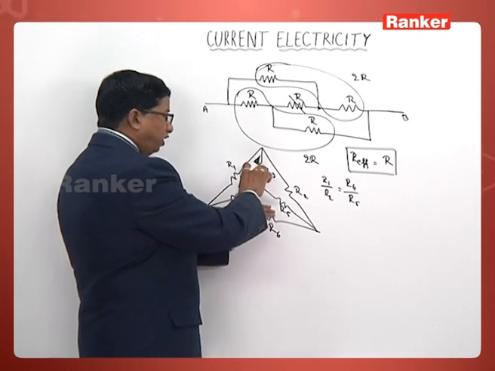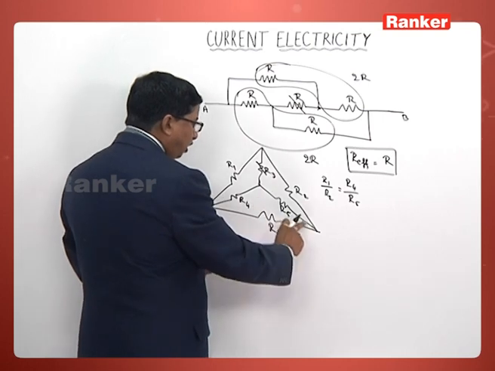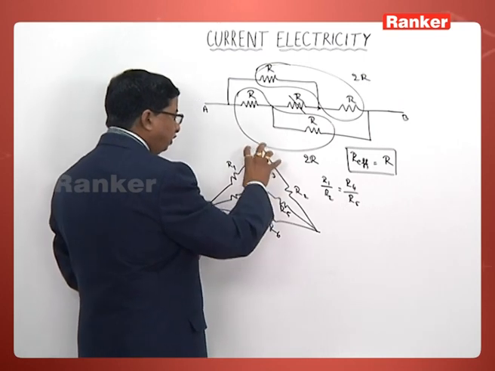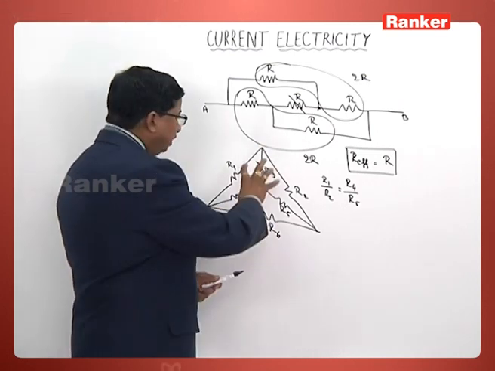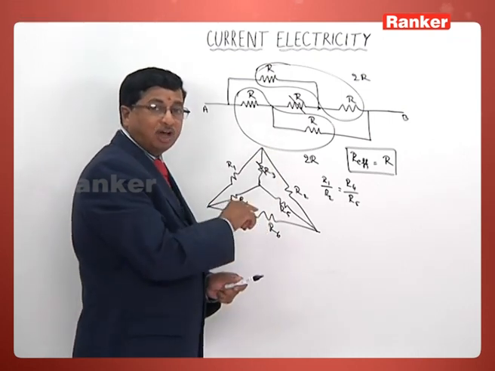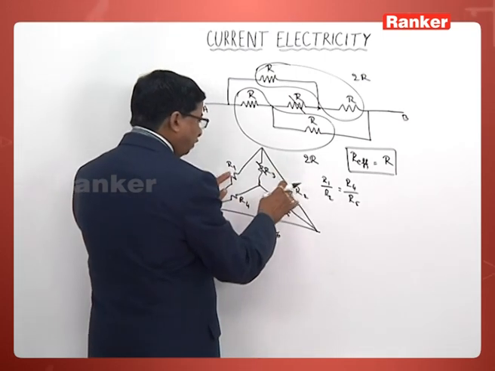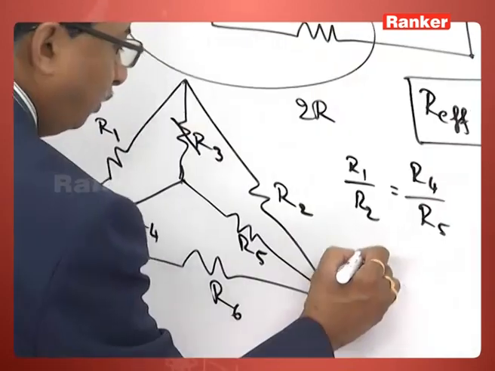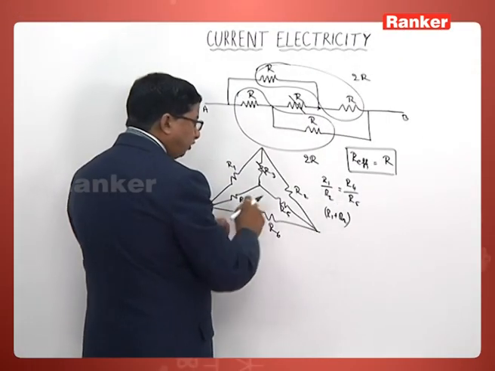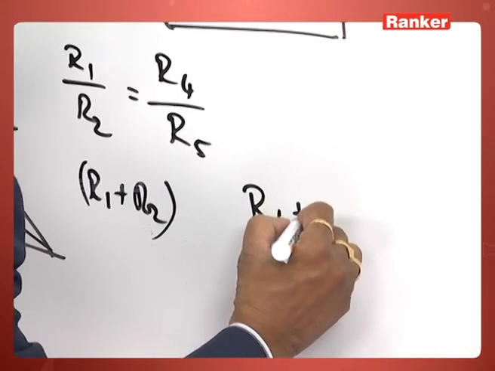When no current flows across R3, R1 and R2 are said to be in series, R4 and R5 are said to be in series, and both are in parallel as far as the Wheatstone bridge is concerned. That entire Wheatstone bridge is now parallel to the other one also, that is R6. So what we should understand here: R1 and R2 are in series, then what would be the effective value? It is R1 plus R2. And R4 and R5 are in series, the effective value will be R4 plus R5.